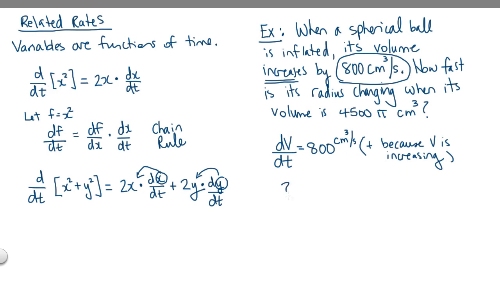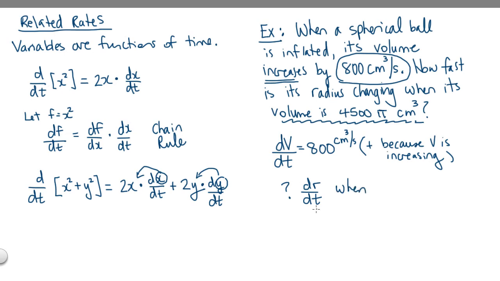The problem is asking us to figure out how quickly the radius is changing. So we'd like to find dr by dt, the rate of change of the radius. Remember, rate of change is always a derivative with respect to time. We'll probably need a little bit more information to figure out this dr by dt, so we're told that we want to do that at the moment when the volume is 4,500 pi centimeters cubed.